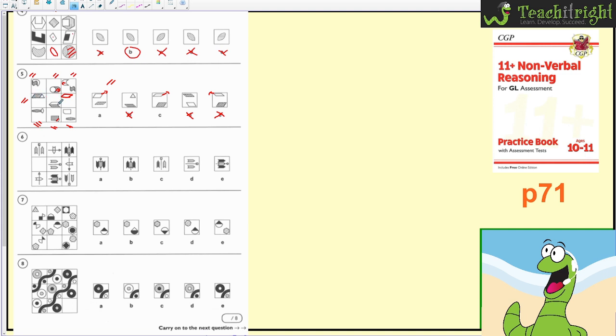So I think we want the thin one in the top left and the large one in the bottom right, and that's not what's going on in A, that is what's going on in C. So I think that's basically how it works, that this final row is a combination of the shaded thing from the first column going to the top left, the shaded thing from the second column going to the bottom right, and I think that's how that works.